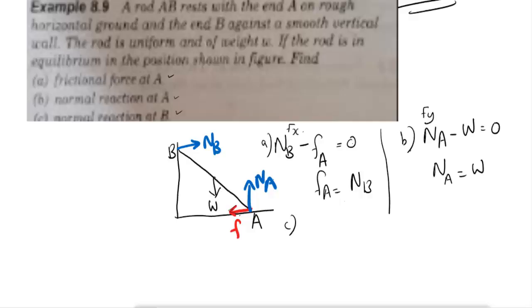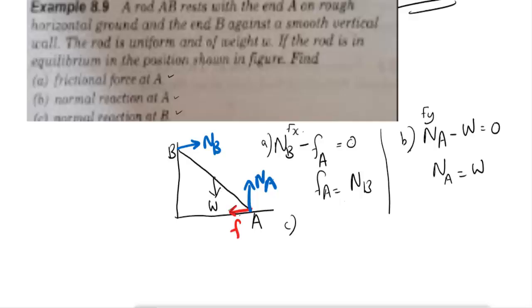Next we can consider the torque acting on the system being equal to 0. For considering the net torque on the system equal to 0, because of the point A, the point B, and W, what is the torque acting on the system? The total torque acting on the system we need to find out.